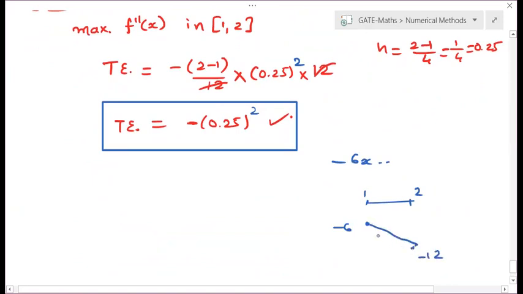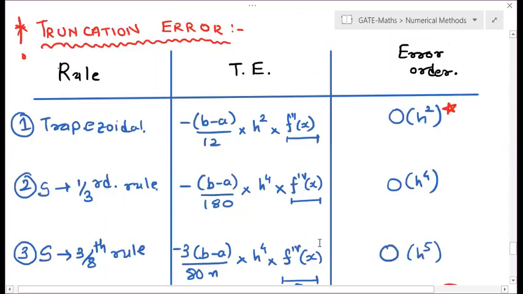So what is the maximum value over here? Minus 6, or not? Minus 6. So for f double dash equal to minus 6x, its maximum value will be minus 6. Just you need to analyze that function.